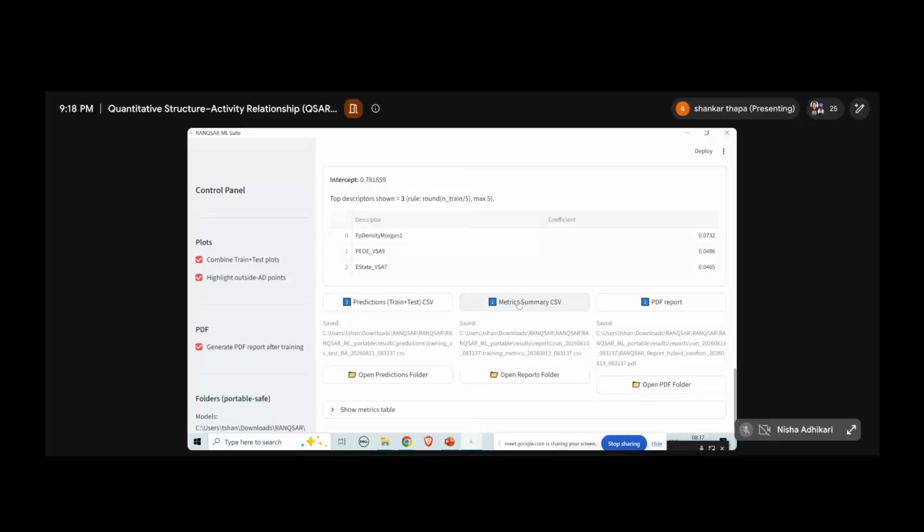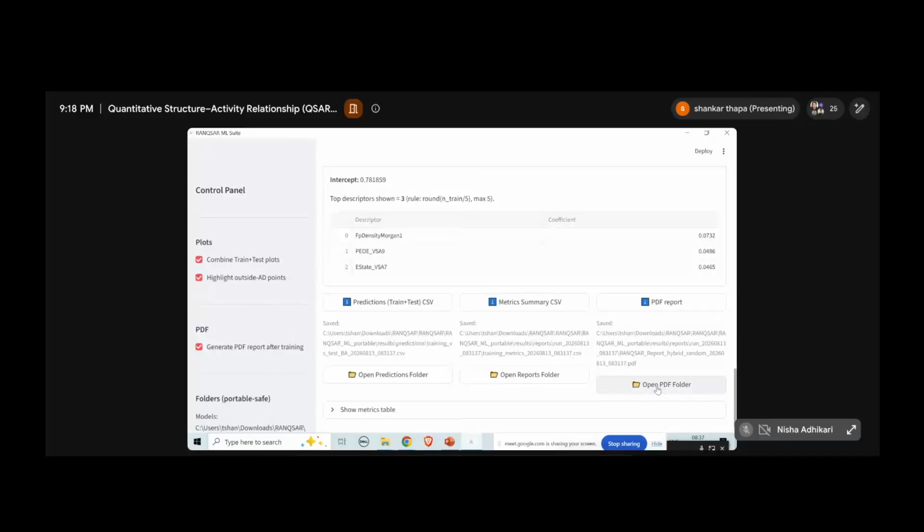For the metric summary you have to click it, and it will give you the summary in CSV format. For predictions of training set and test sets, click it and go here. So I have generated the PDF report, and I checked these things also, so I can easily get it.